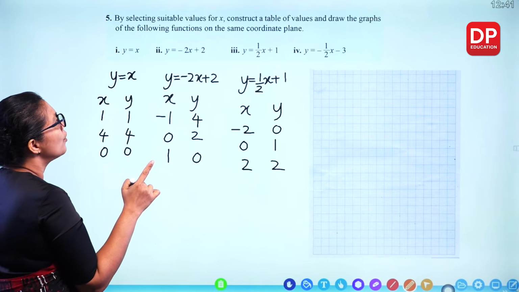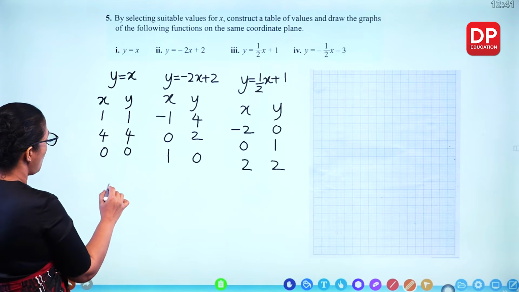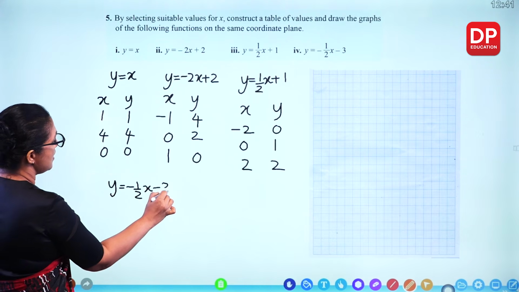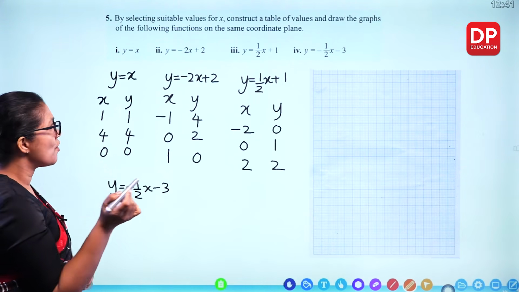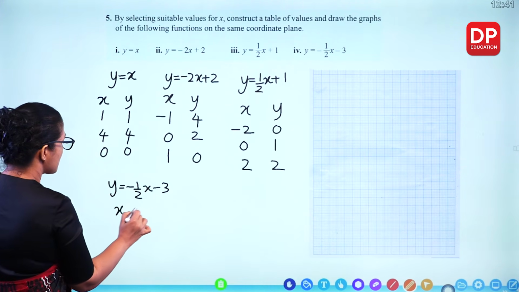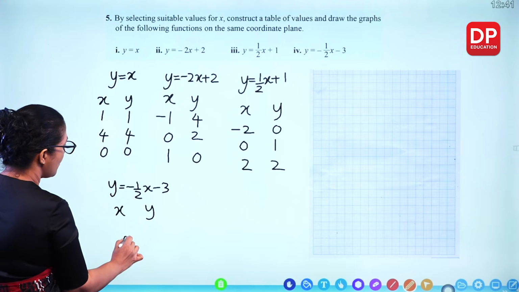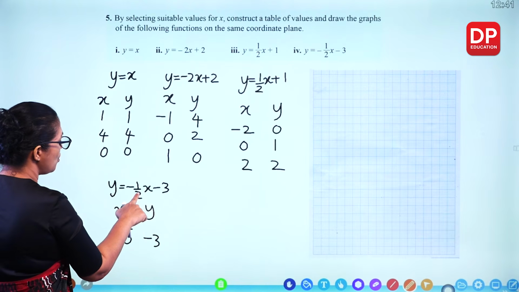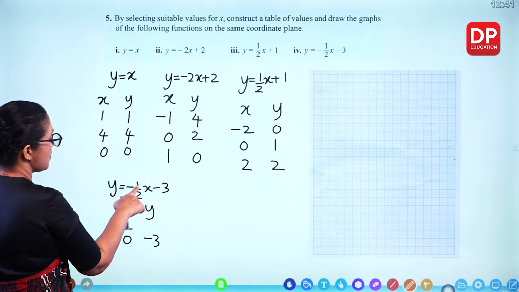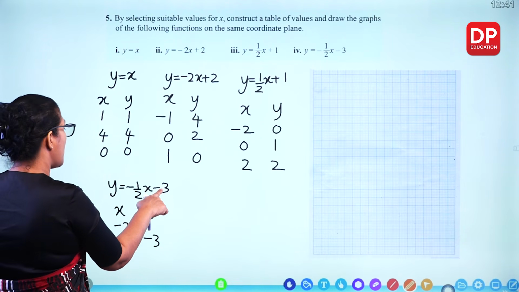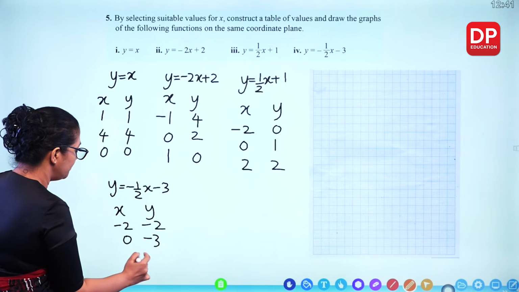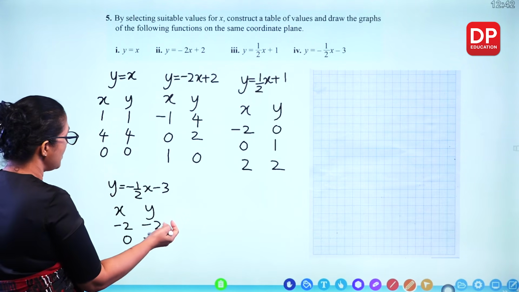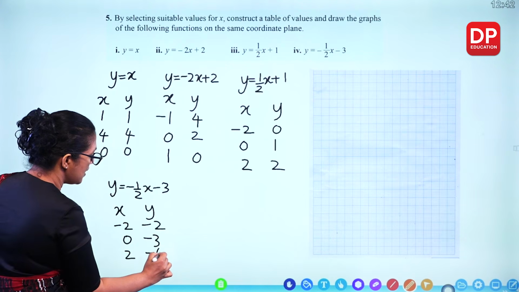Then the next one, y equals negative half x minus 3. Again, we have to take multiples of 2. X, y. X is 0. This is minus 3. X equals minus 2. Minus minus plus. So, plus 1 minus 3, negative 2. X equals plus 2. Negative 1 minus negative 3, negative 4.